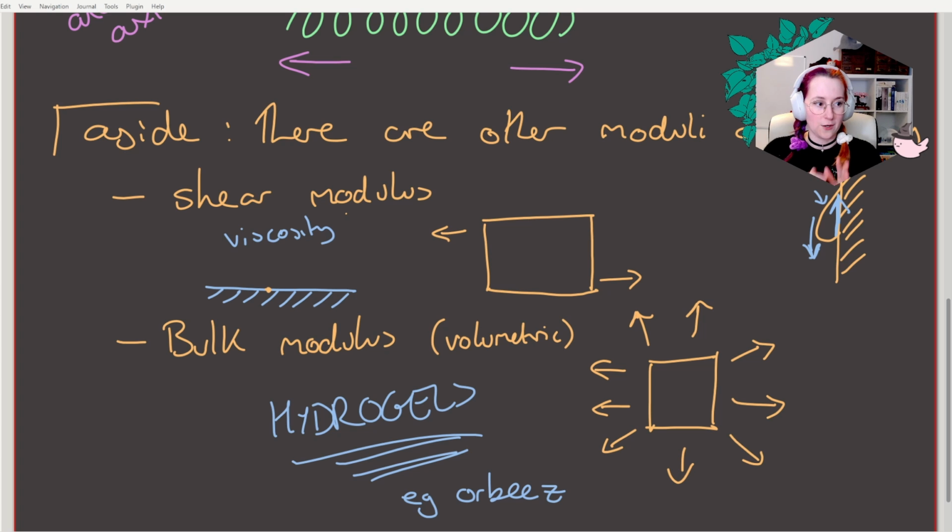And what you end up with, if I draw vectors, arrows as velocity, is no velocity there, and then here you have a little bit, and then a bit more, and a bit more, and then suddenly the fluid starts moving the way it's supposed to. So you end up with this curve of speed. The closer to the wall you are, the slower the fluid moves. So that is called boundary layer theory.